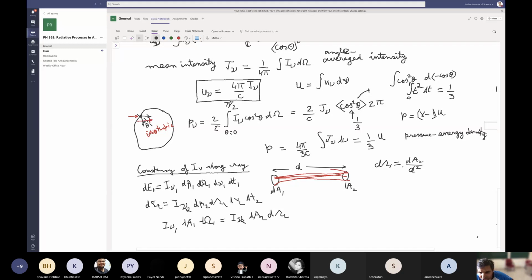But we know that d omega 1 is that, and d omega 2 is equal to dA1 by d square, right?